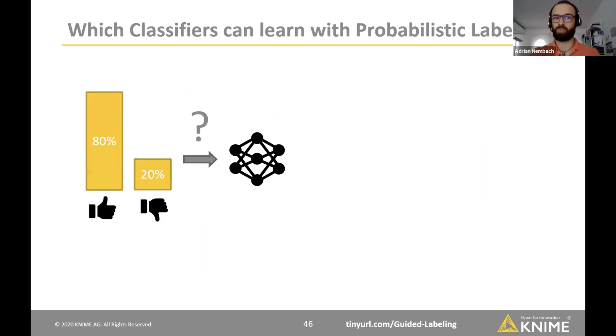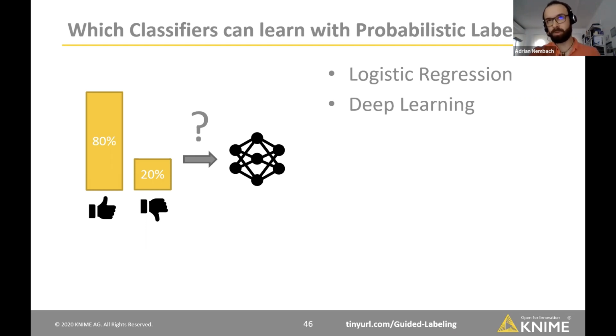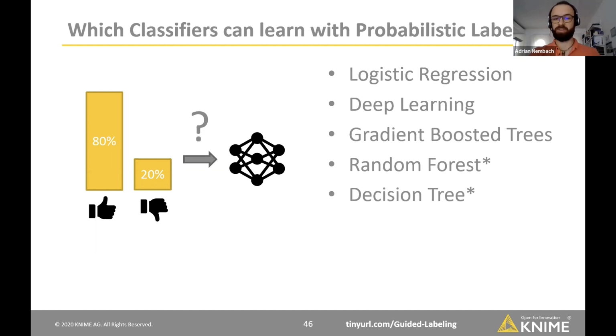Obviously, the question is, what kind of classifier can we actually train with that? And the answer to this question is, well, actually quite a few. There's logistic regression and also deep learning. Those two are very closely related, so it's obvious that if one works, the other will as well. But there's also gradient boosted trees, random forests, and decision trees.